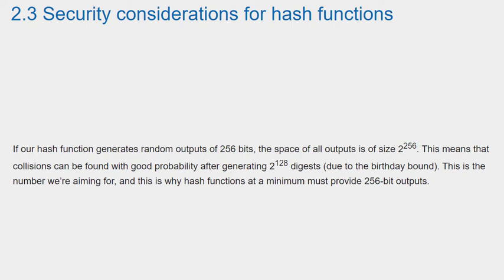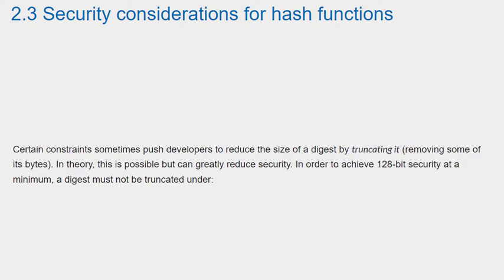This means that collisions can be found with good probability after generating 2^128 digests due to the birthday bound. This is the number we're aiming for, and that is why hash functions at minimum must provide 256-bit outputs.